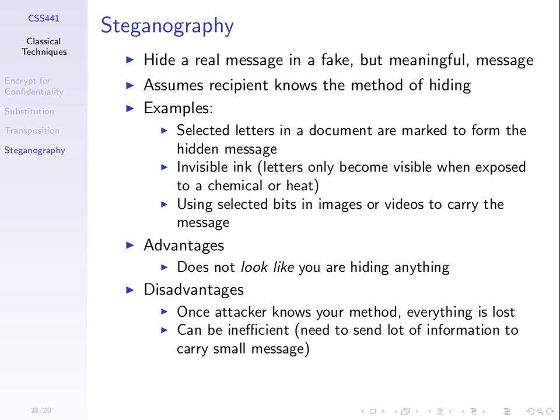So hide a real message in a fake but meaningful message. Now the receiver must know what algorithm was used for hiding. Other examples, in the old days, you have a written letter on a piece of paper, maybe the idea of invisible ink, or put tiny pinholes above the letters that make up the hidden message, so that when someone holds up the piece of paper to the light, they see the pinholes and they read the letters.